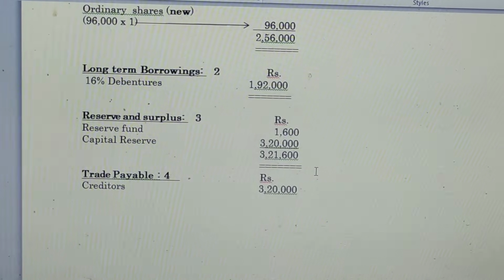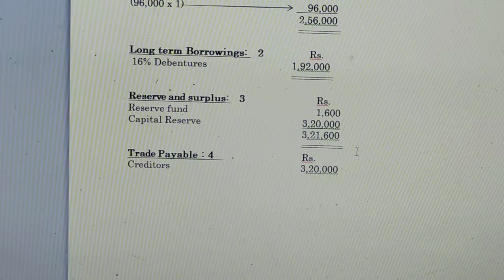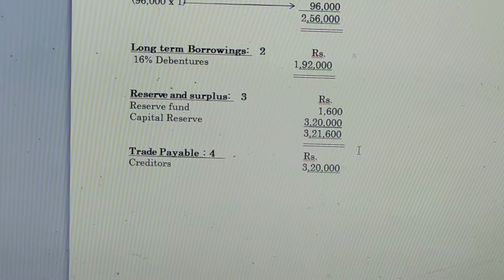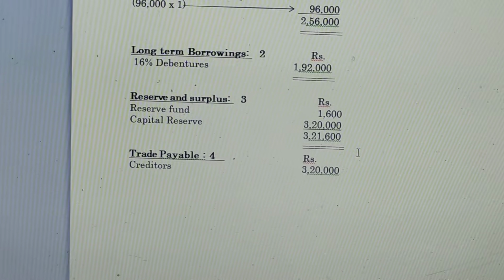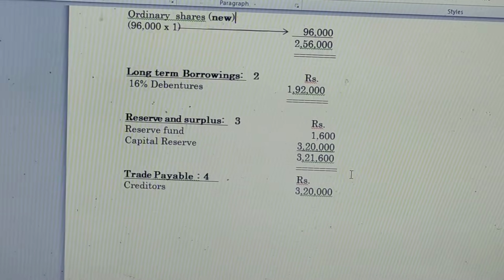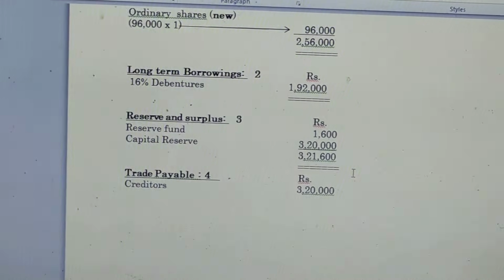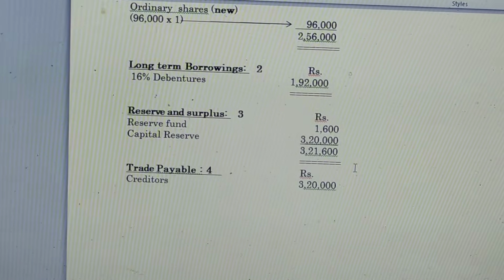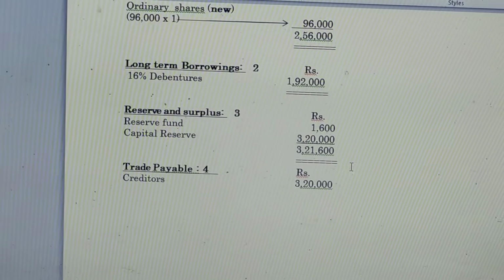The total reserve and surplus is 3,21,600. It means 1,600 plus 3,20,000. And note number 4 is trade payable. Under the trade payable, we have to mention the creditors. The amount is rupees 3,20,000.